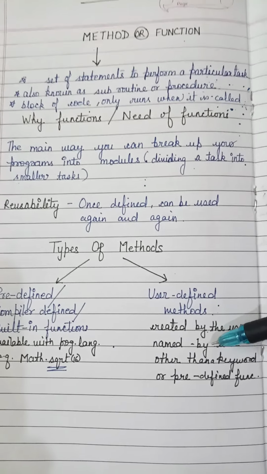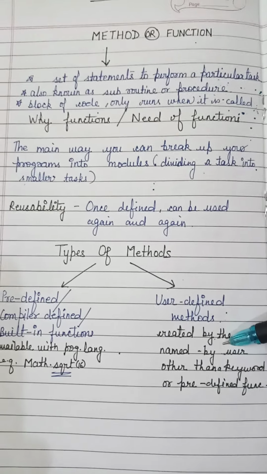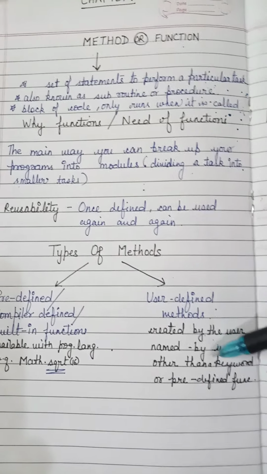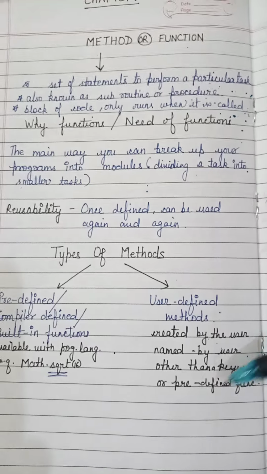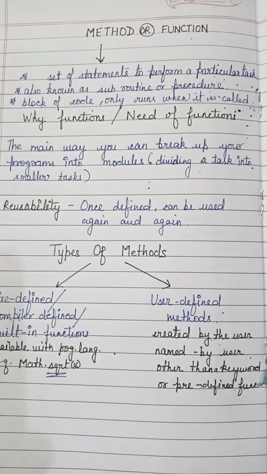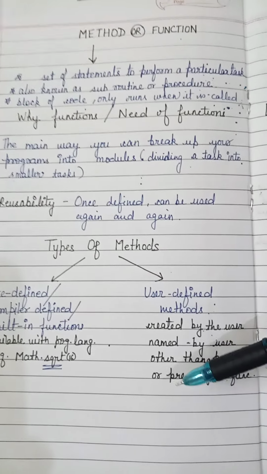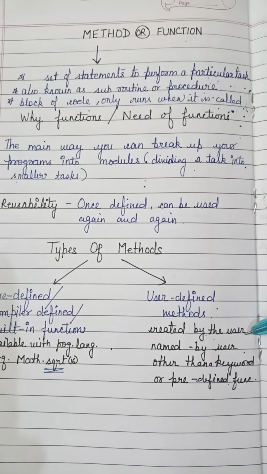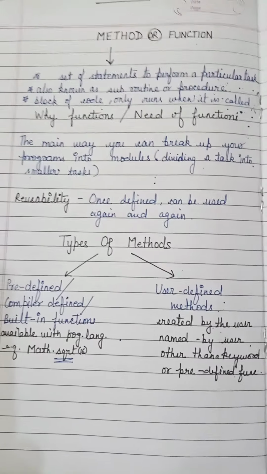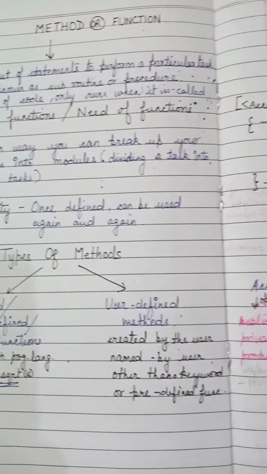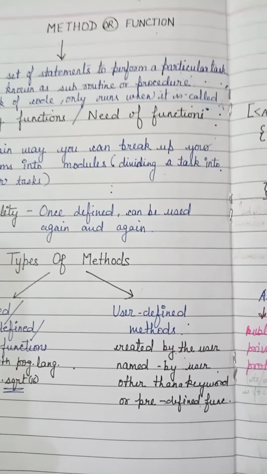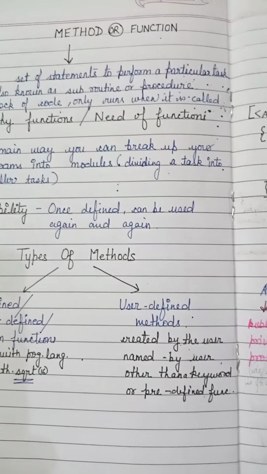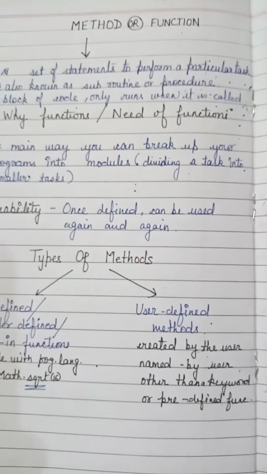You can create a method and name that method, but you have to follow the rule that the name should be other than a keyword or predefined function. Like sqrt is already there, so you can't take this name as your function name. The name should be meaningful. You can't take a keyword as a name. You have to take any identifier name, but it should not be a keyword or predefined function.